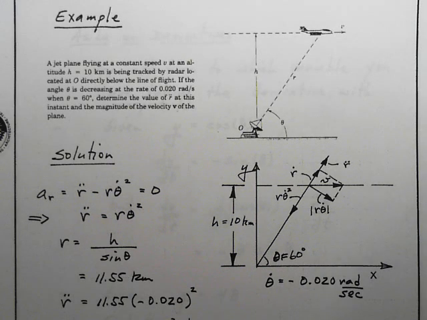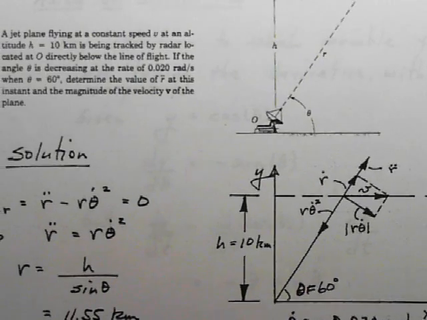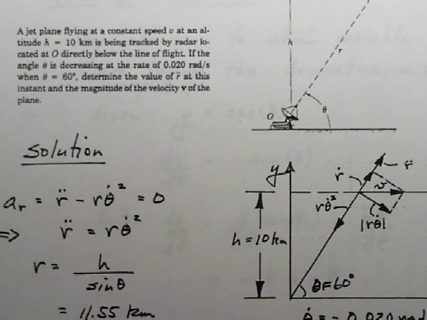So zooming in just a little bit to be able to read the problem statement. We saw it in class, but so we have a jet plane flying at a constant speed v at an altitude of h equal 10 kilometers. It's being tracked by radar located at point O, directly below the line of flight.